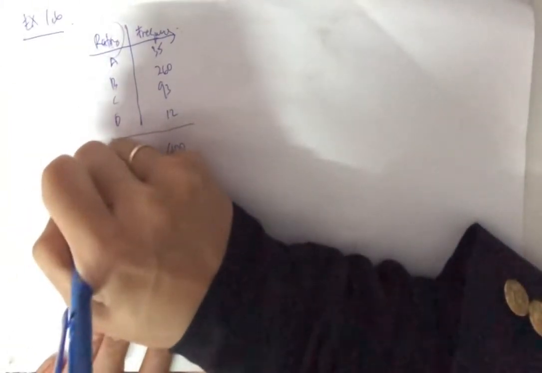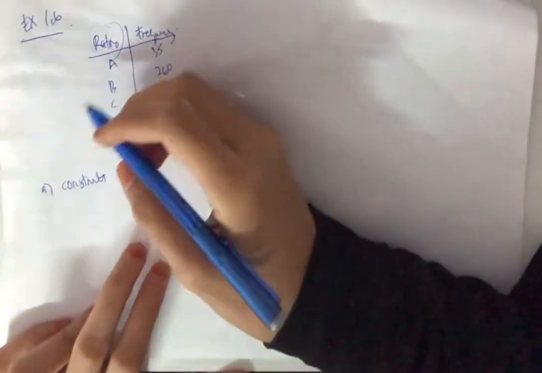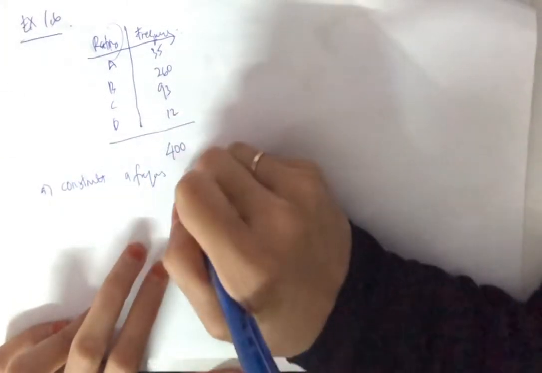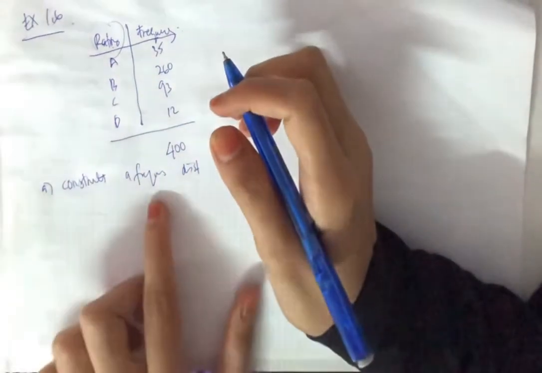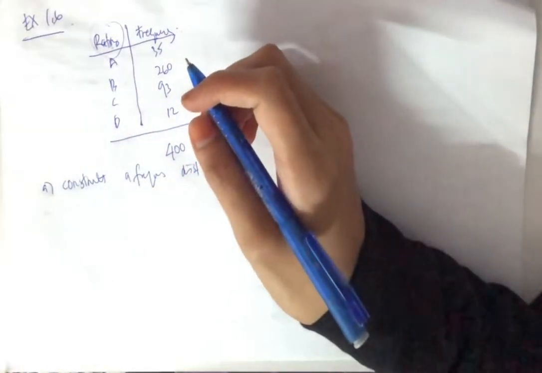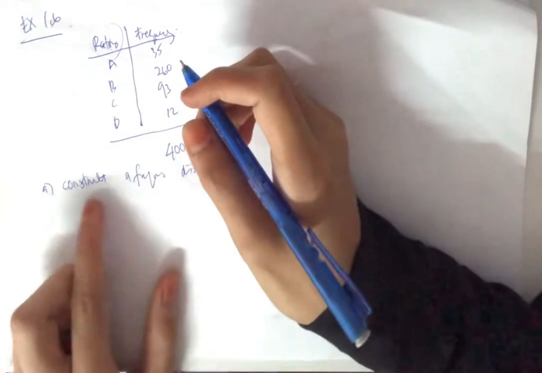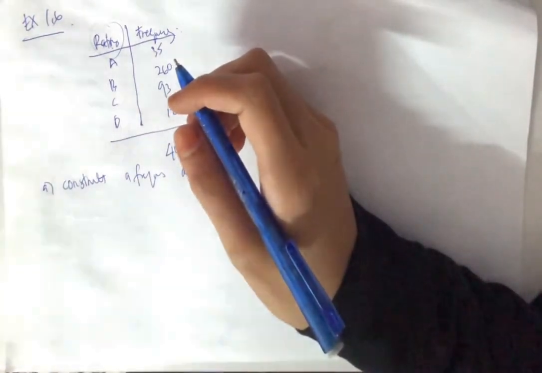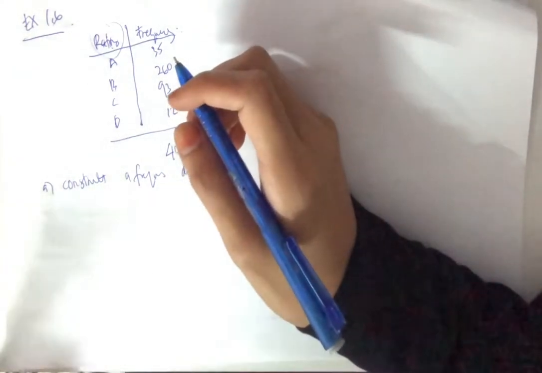So the question now is to construct a frequency distribution. You may get the whole sentence from the textbook or the PDF that I already uploaded in the book and resources. Construct a frequency distribution table which includes values of relative frequency and also percentage.